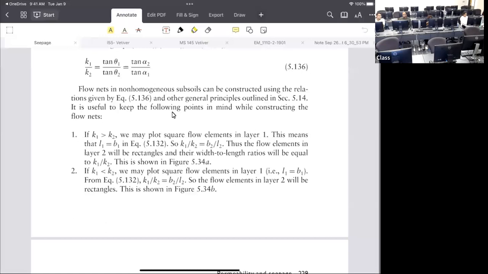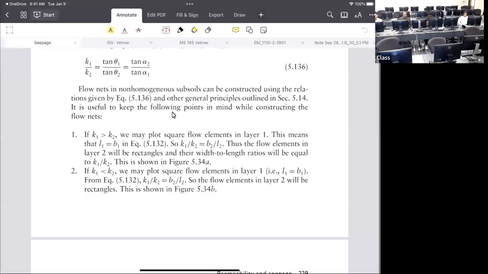A flow net can handle only a certain amount of difference. Let's say you have a sand layer and you have a clay layer. The flow net cannot be used there. In terms of the flow net, you need to ignore the major layers which give some resistance, because through the flow net you cannot do any calculation.